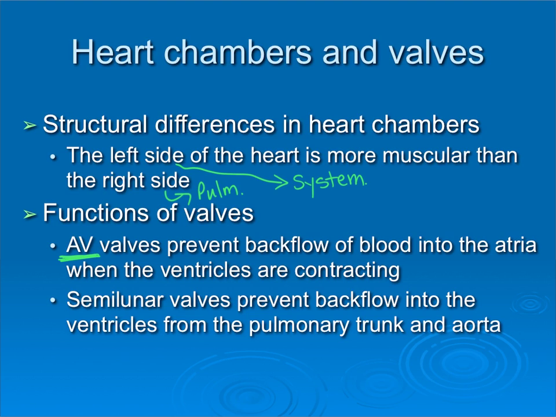We want it to increase the pressure, forcing the pulmonary and the aortic semilunar valves open. The semilunar valves prevent backflow into the ventricles after your ventricles have done contracting. So the valves help direct blood flow, make sure that it's one direction.